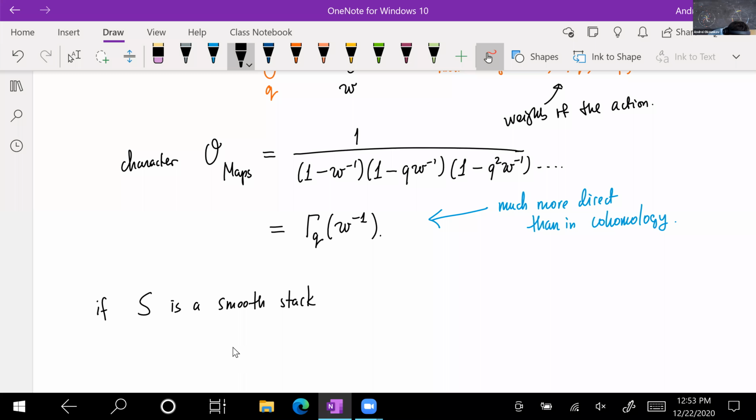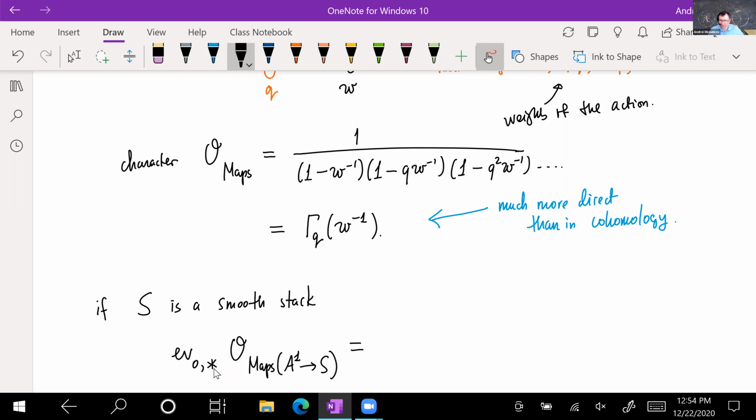Then if I take the character and I want to know the structure shape of maps from the same A1 to S. Well, this is now some object that lives on S, if you'd like. And so then, since we have evaluation at 0 push forward, let's take evaluation at 0 push forward of that.